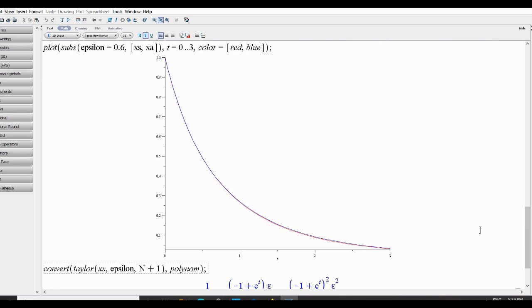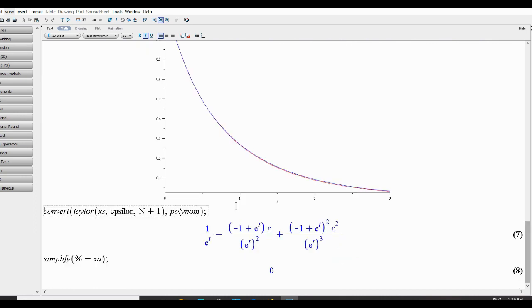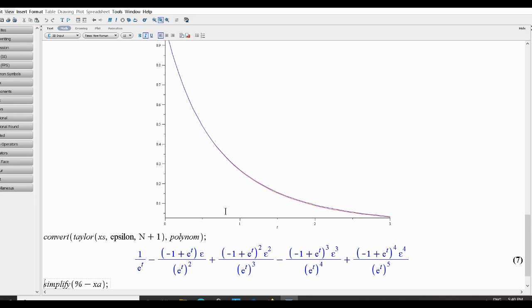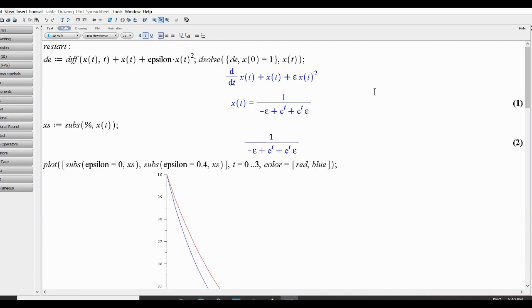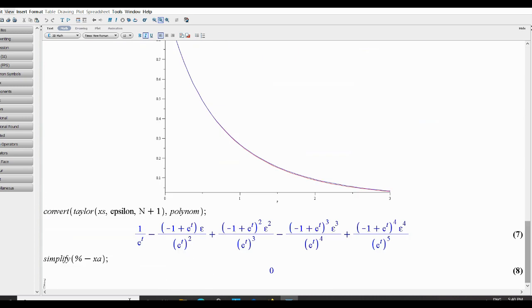Here is the Taylor series for the true solution up to the same order, and when I subtract, it is 0. So here is our first and simplest example of using a perturbation method to solve a differential equation that is a small perturbation of a known differential equation whose solution we know.